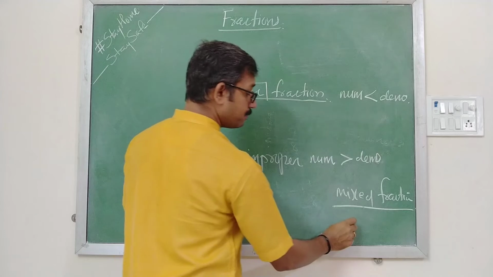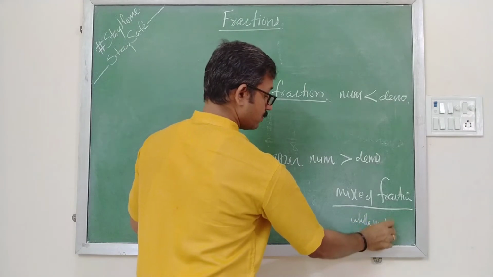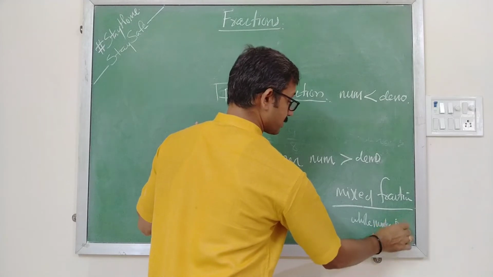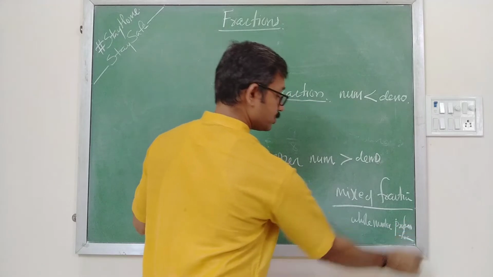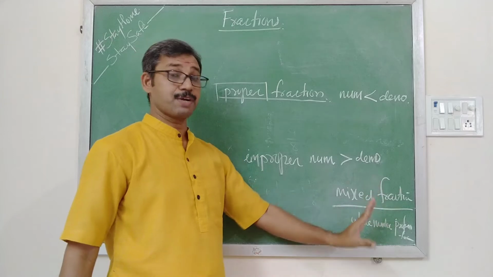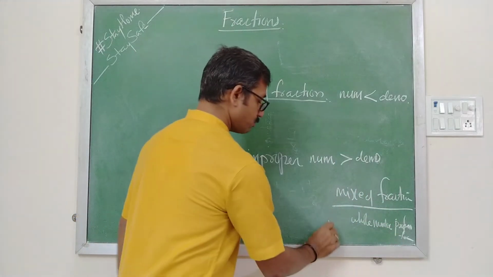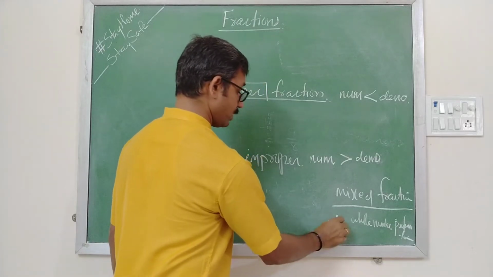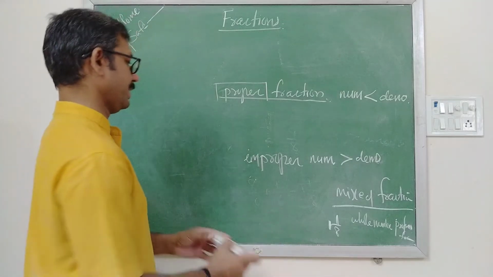There will be a whole number together with a proper fraction. That is the mixed fraction. Mixed fraction means whole number plus a proper fraction. That is one integer, 1 upon 8. This we will read as one integer, 1 upon 8. Like this we will read. So these are the different types.